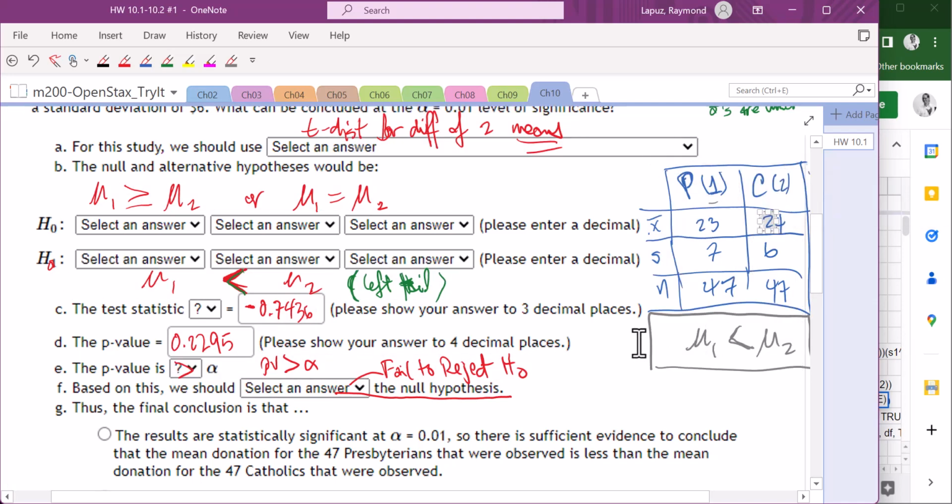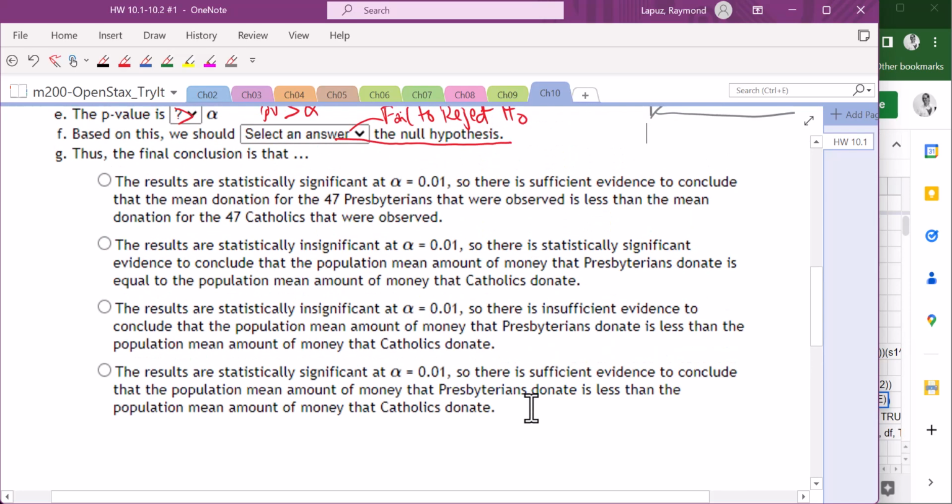Essentially what we're saying is that we tried in this hypothesis test to reject this equality, and we can see that they're about the same. We were not able to do that, and the claim, remember, was this. So we're not going to be able to support this claim because based on this test these means are about the same.